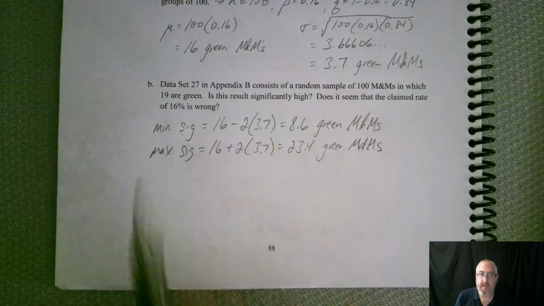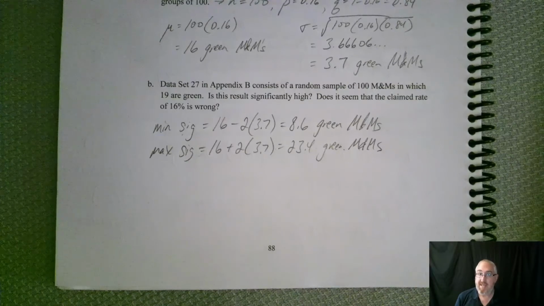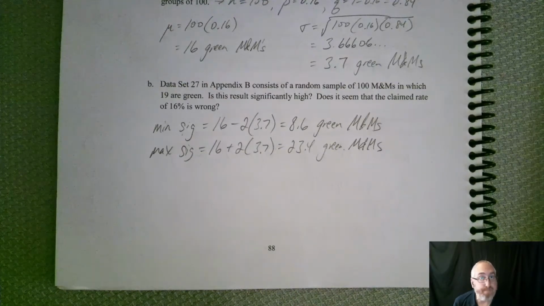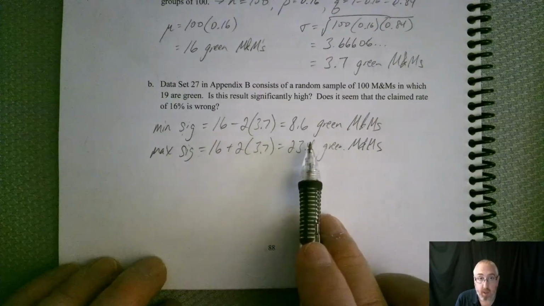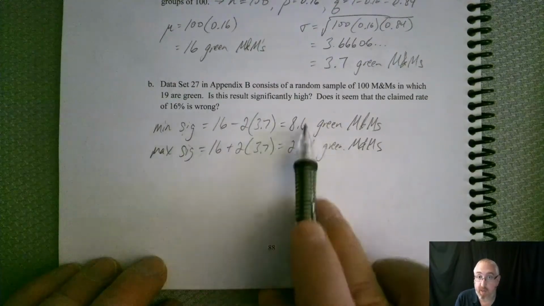So what does this tell us? What do we know about 19 then? Is 19 significantly high? Well, compared to our cutoffs, we can see that 19 has to be between them.